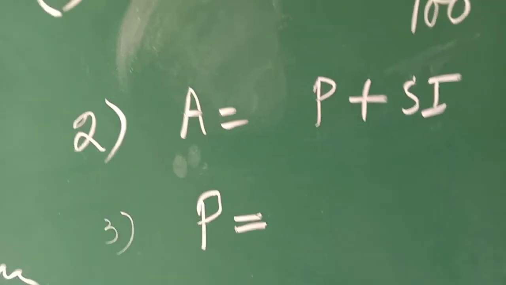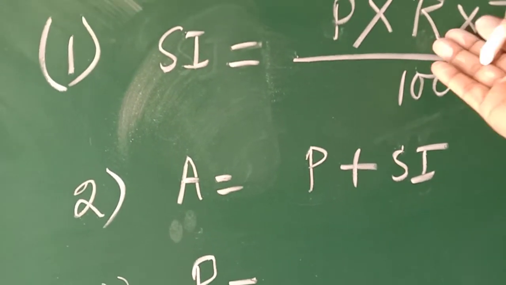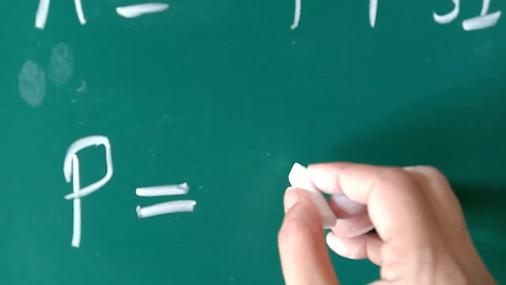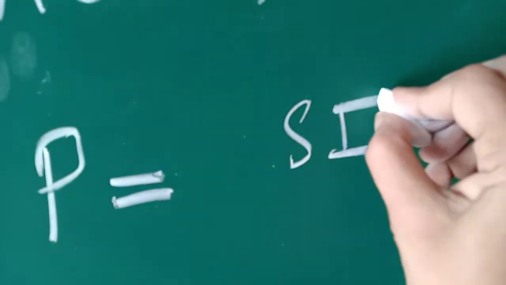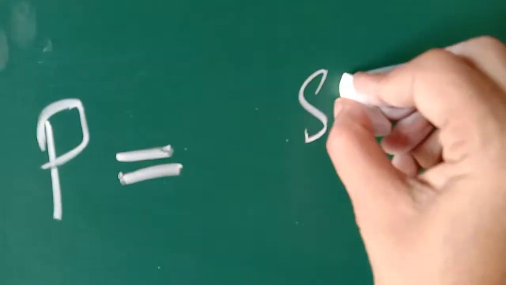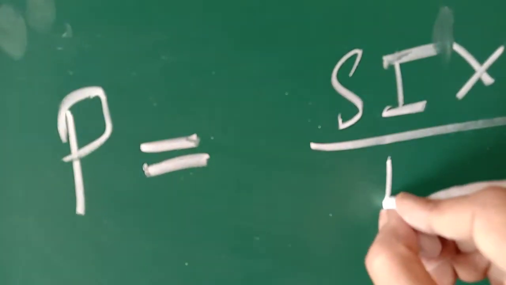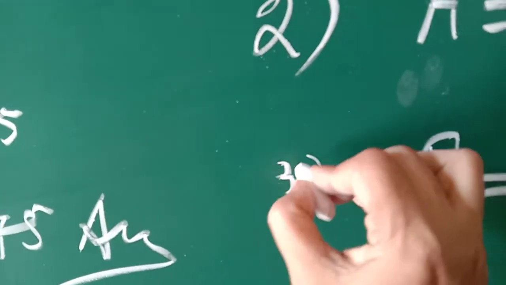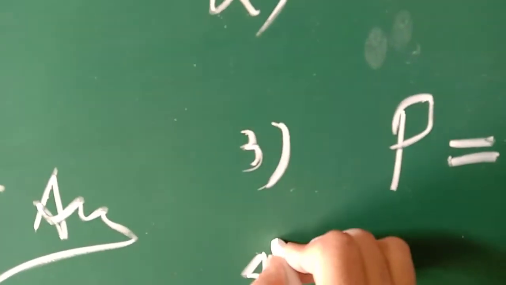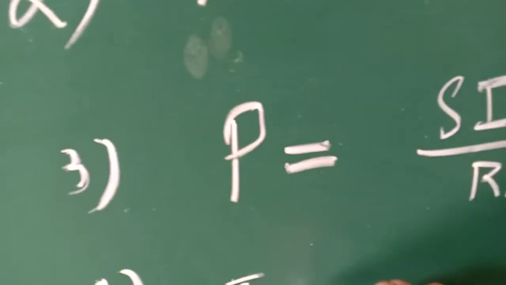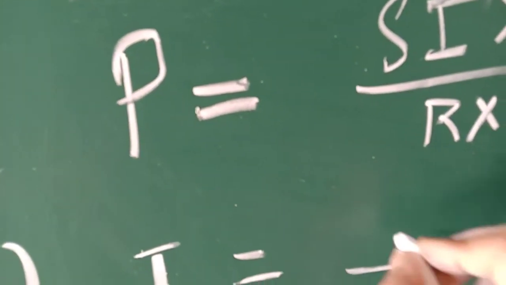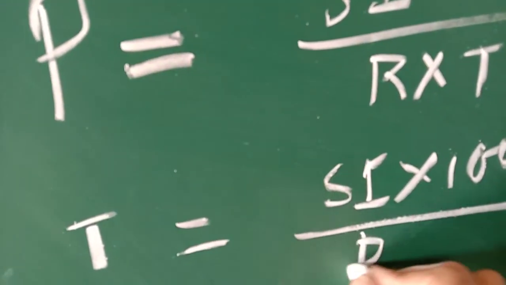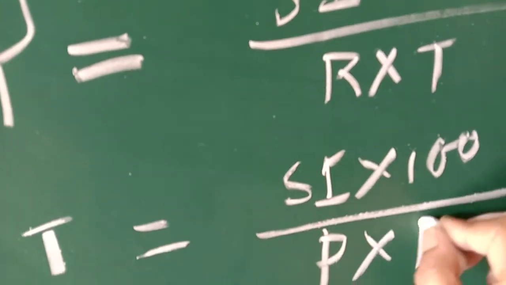If you know interest, rate and time, then principal is SI into 100 by R into T. This is 3. Now next formula is 4. If time is missing, how much time you have kept the money? Simple interest into 100 by P into R.